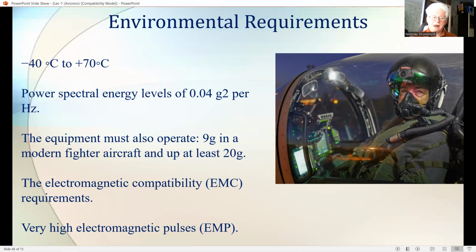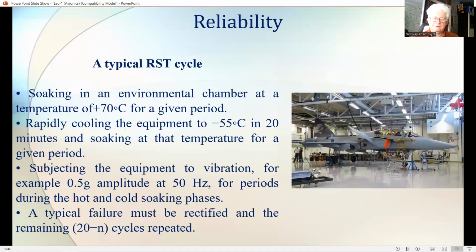This equipment must also be able to withstand lightning strikes and the very high electromagnetic pulses, EMP, which can be encountered during such strikes. Design of electronic equipment to meet the EMC requirements is in fact a very exacting discipline and requires very careful attention to detailed design.